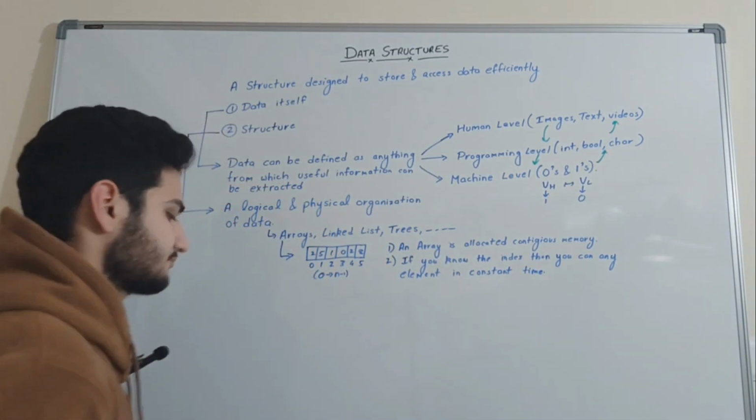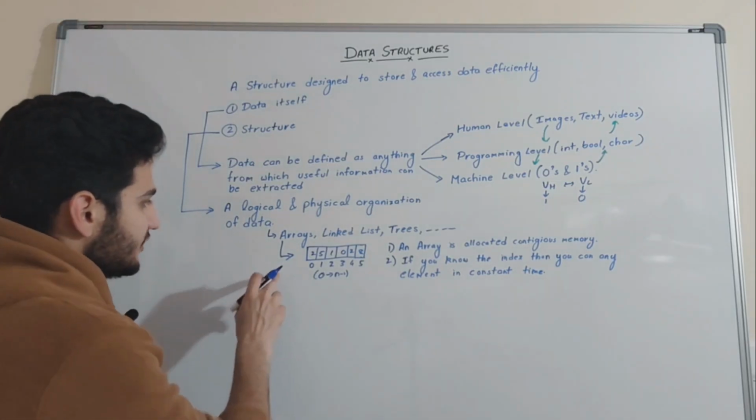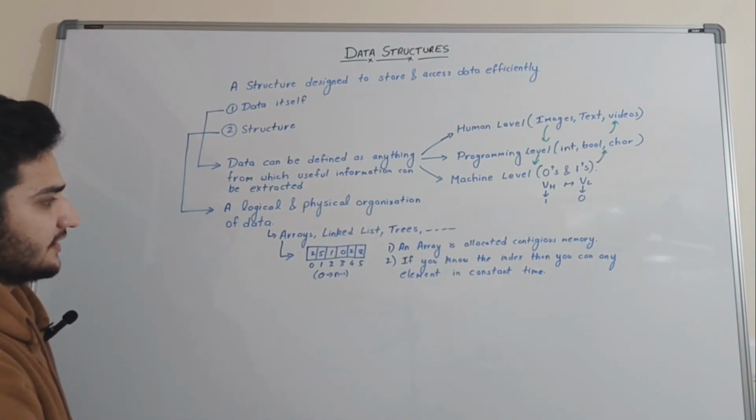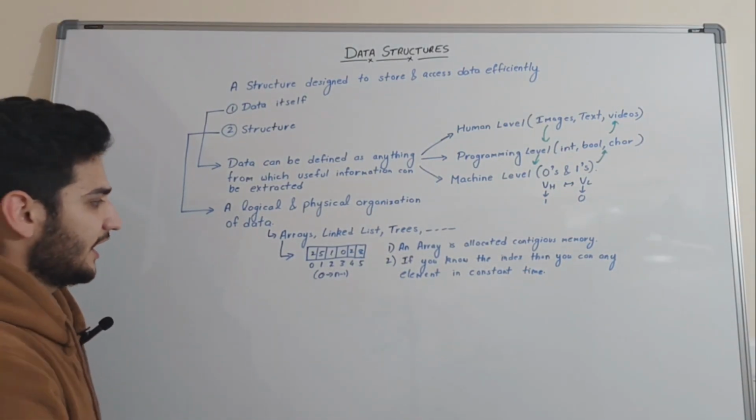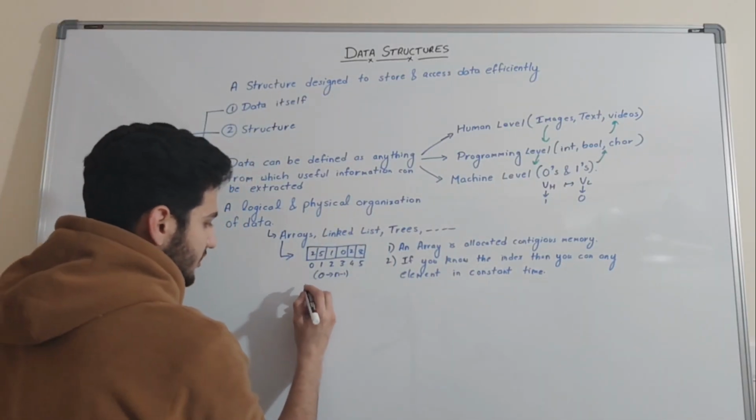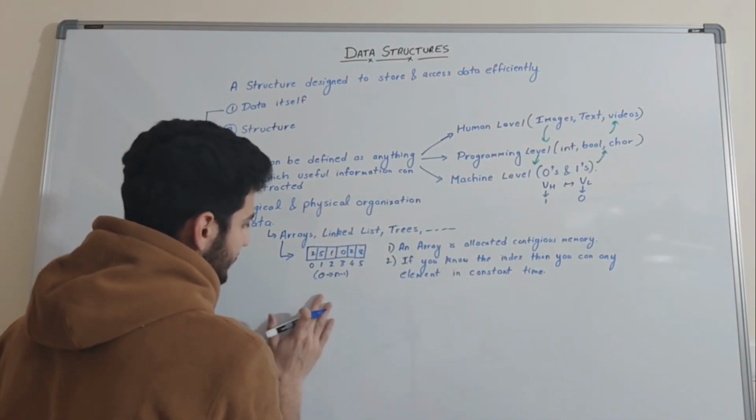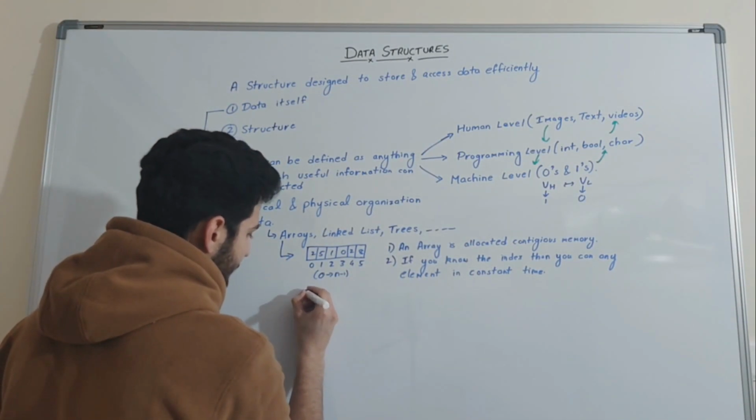This is an array. Now what we can do within an array is that we can be creative and we can stack one array upon another, and what we will create is a two-dimensional array.